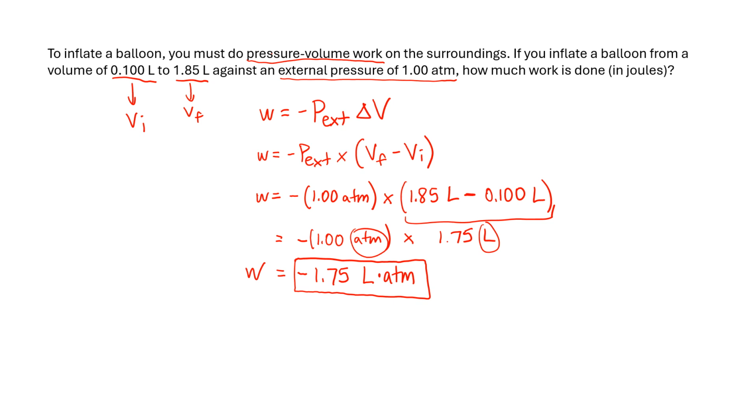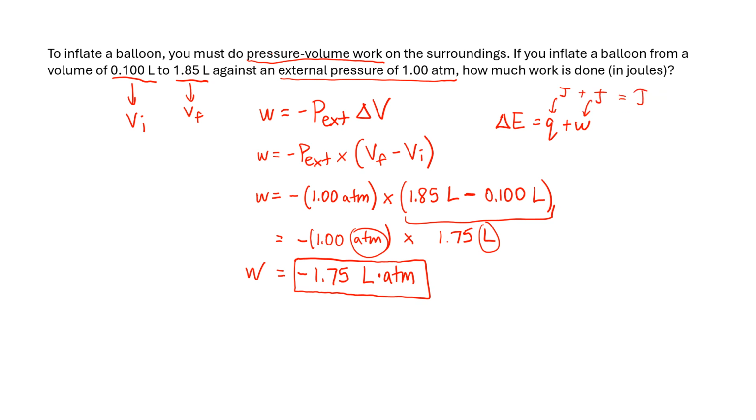If Q is in terms of joules, right? Q is heat, heat is in joules. Work should also be in joules, right? Because remember that the change in internal energy is equal to Q plus W. And if Q is in joules, work also has to be in joules. Right? Joules plus joules equals joules, right?